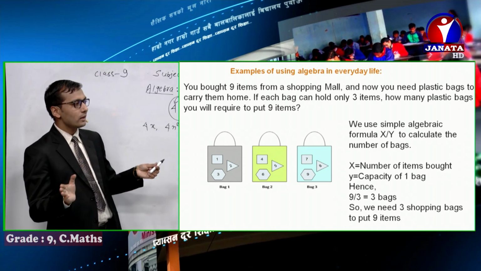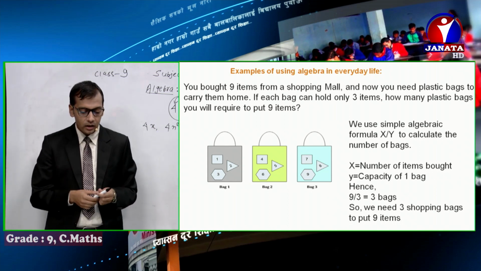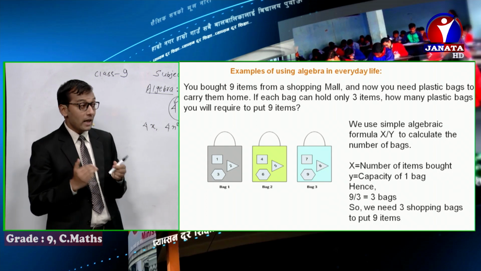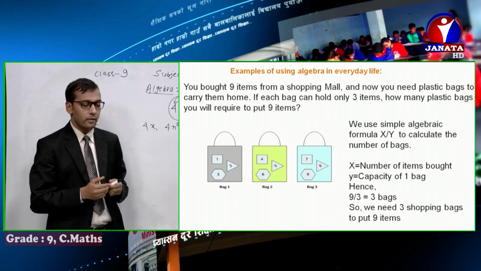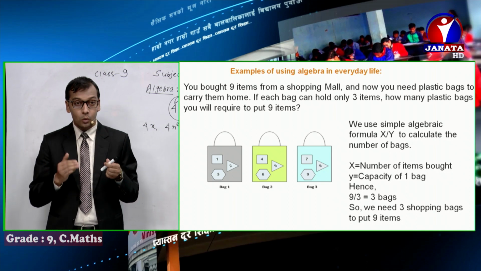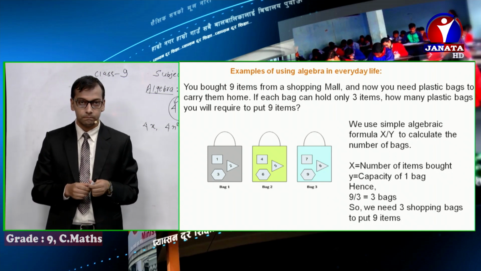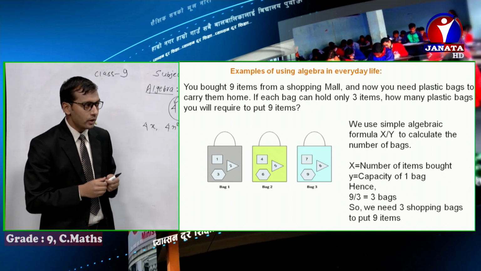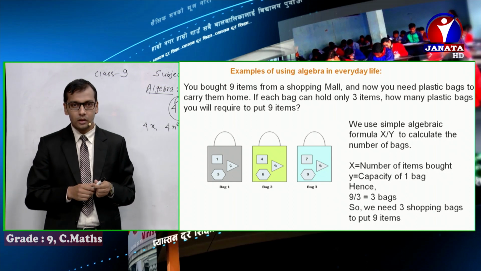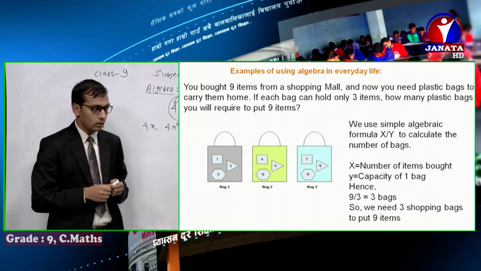Or without using this formula, we can easily identify how many bags are required to put different 9 items. So what I want to say here is, in our real life, there is use of algebra. This is one example.